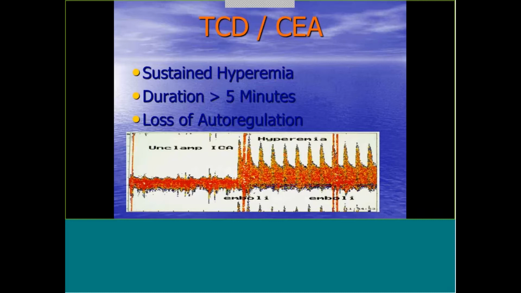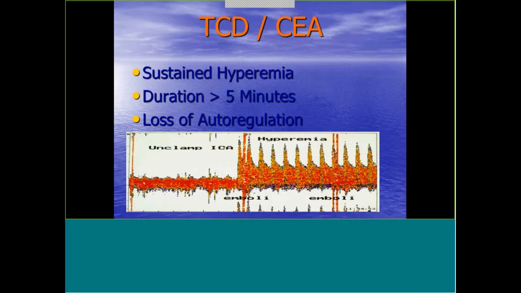What happens is the vessel is so dilated, it loses the ability to autoregulate. It's not able to say, okay, I don't need to be this big anymore. I can't get back to normal. That's dysautoregulation.